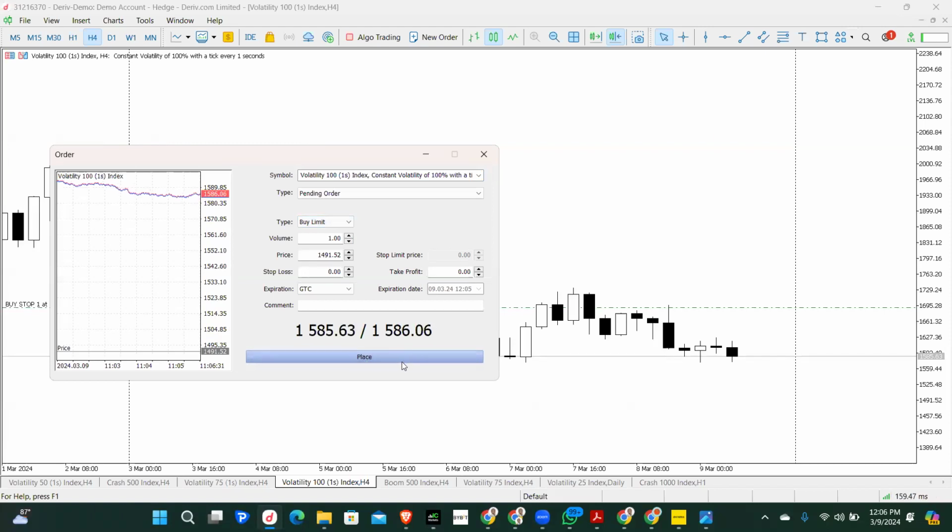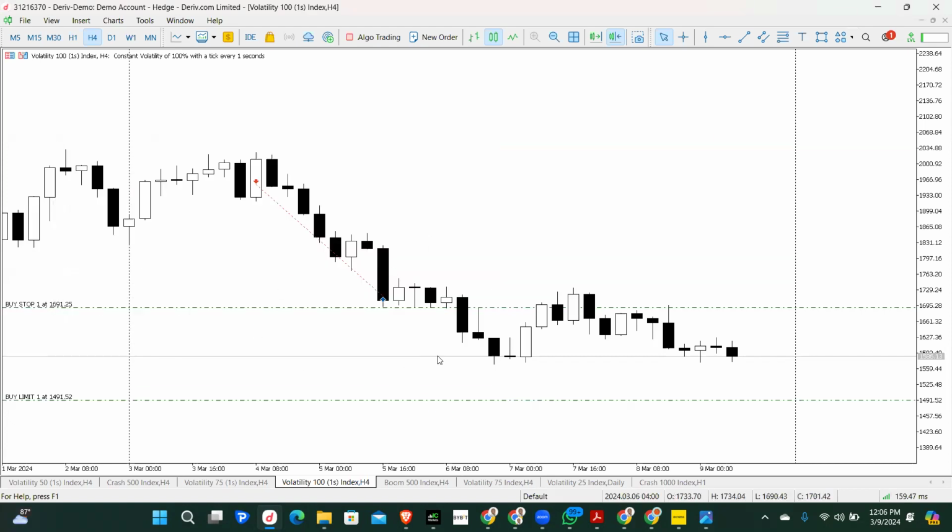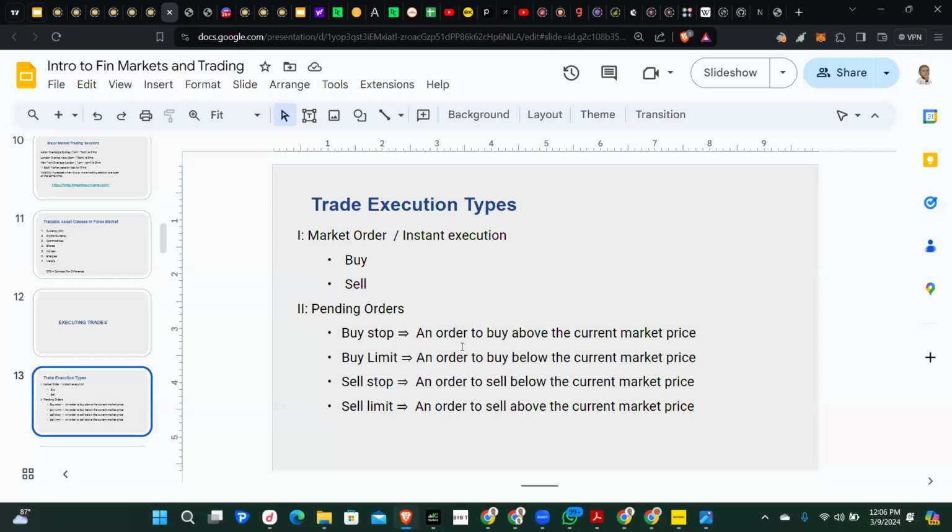When I change it to buy limit, because I want to buy below the current market price, it's now active. I will close this trade. These are the various types based on the pending order. So we also have the sell stop and the sell limit.